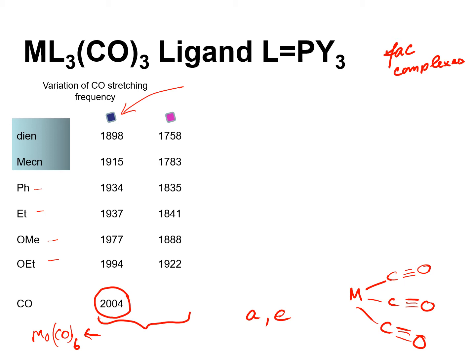And that would be one way to understand why the stretching frequency is going up. If you have a very strong electron donor, for example, Di-N.